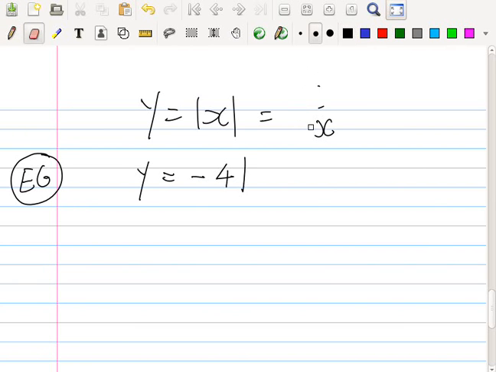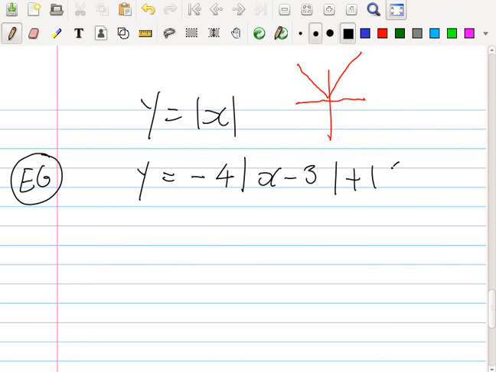minus 4 x minus 3 plus 16. Okay. Any ideas how we could use something we did last week to help us draw this?